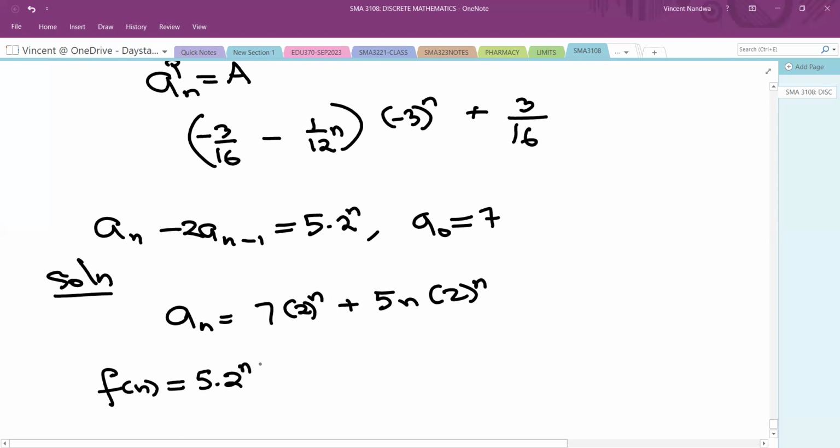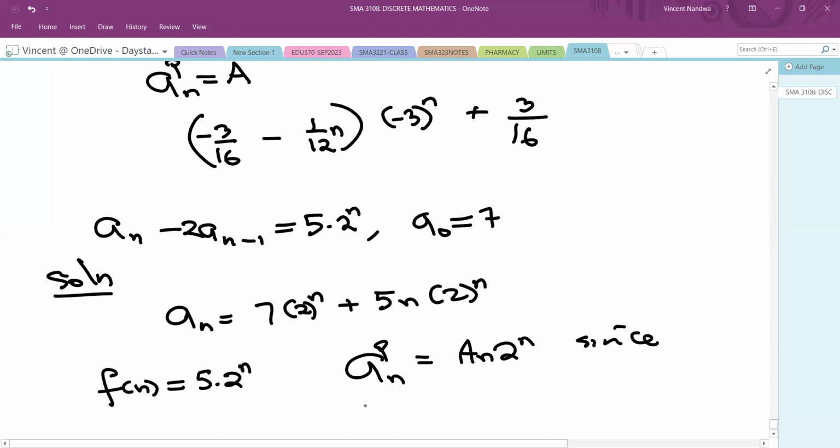Just to make things clearer, because f of n is given by 5 times 2 power n, a constant times 2 power n, your particular solution will be given by a constant times n times 2 power n.